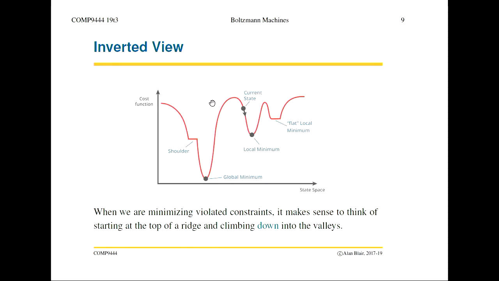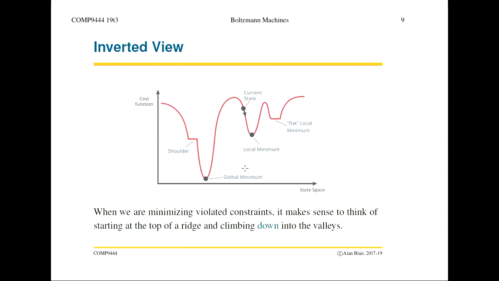As you decrease the temperature, you're still wandering, but you're spending more time in the regions of lower energy. If you anneal too fast, you may still get stuck in a local minimum, but if you anneal slowly enough, you should end up in the global minimum.